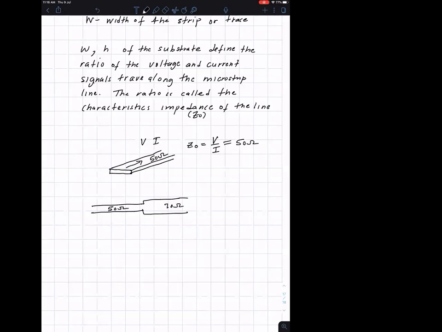And then there's going to be a reflection here. This is called gamma, the reflection coefficient.